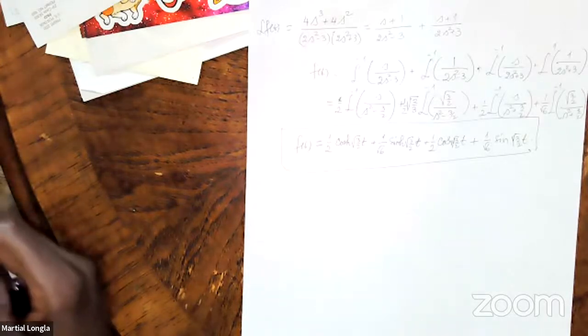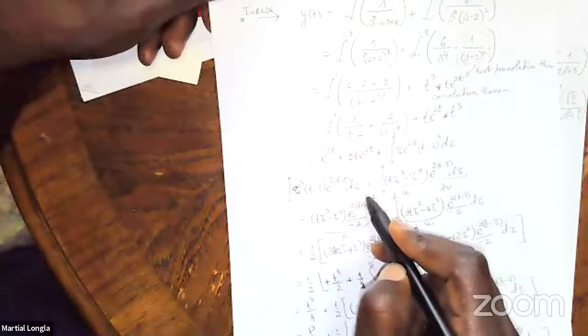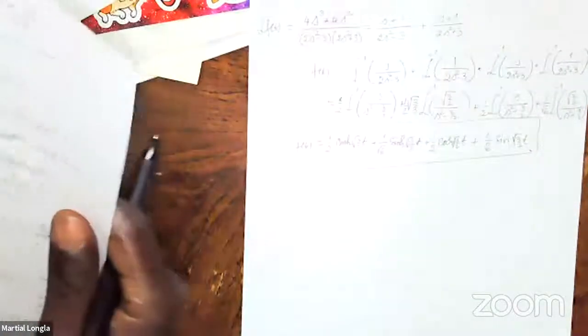In the previous problem, what we actually got in the end here was just the convolution, and you still needed to add to it this part to get the solution of the problem. I think I did not write that down.